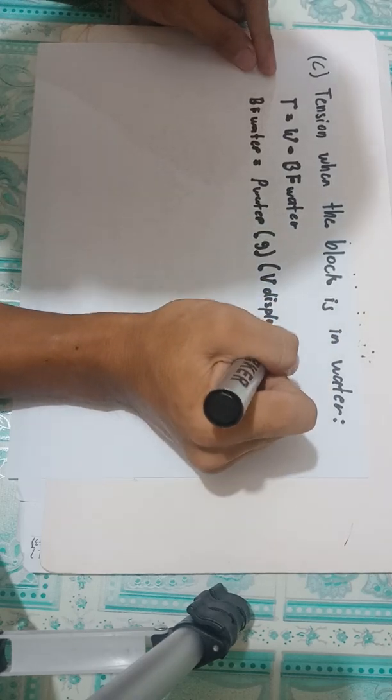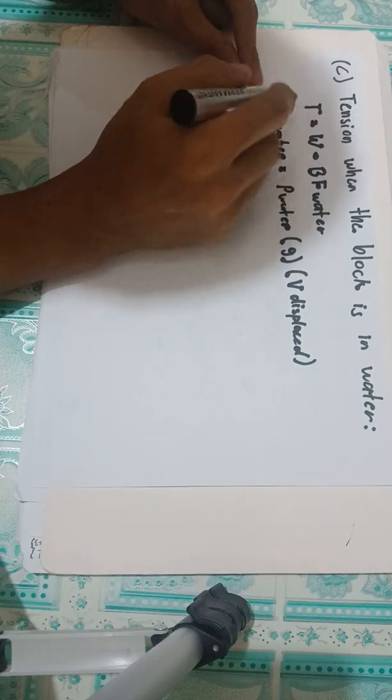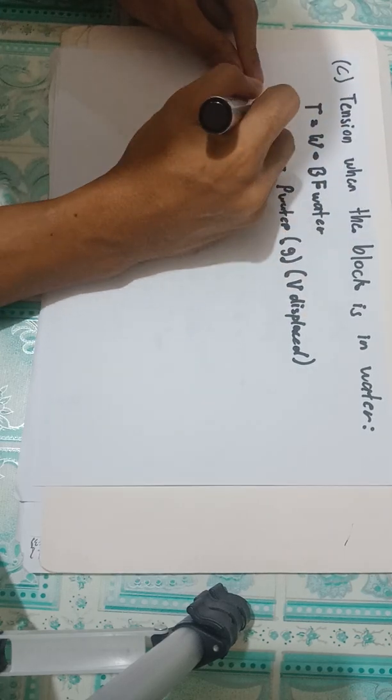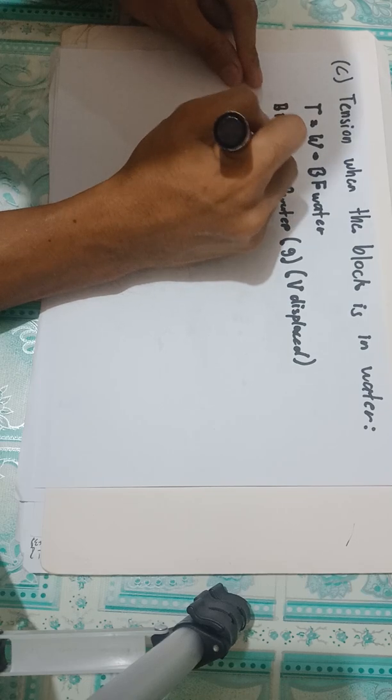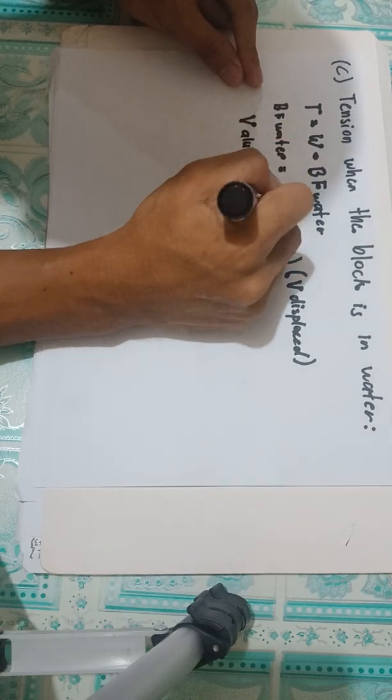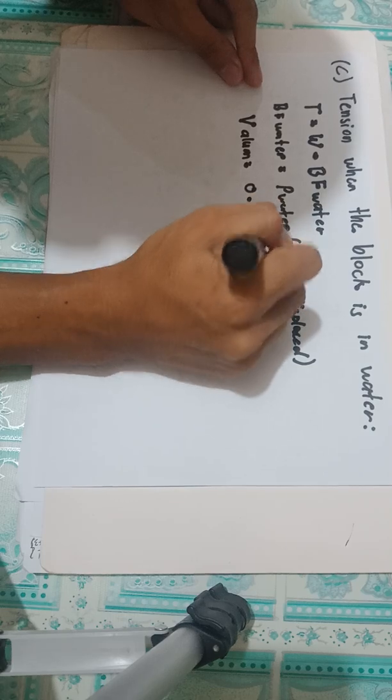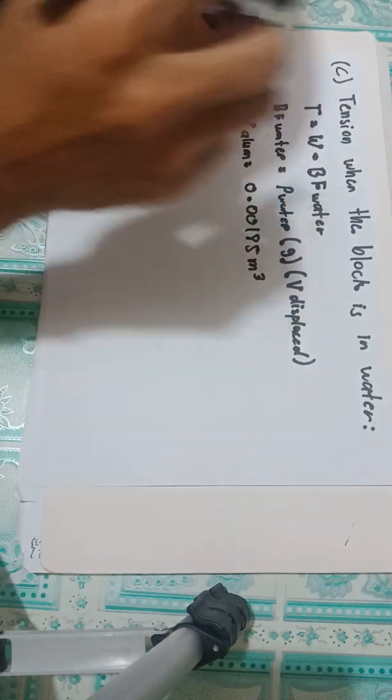We already solved for the volume displaced before this problem: the volume of aluminum is 0.00185 cubic meter.